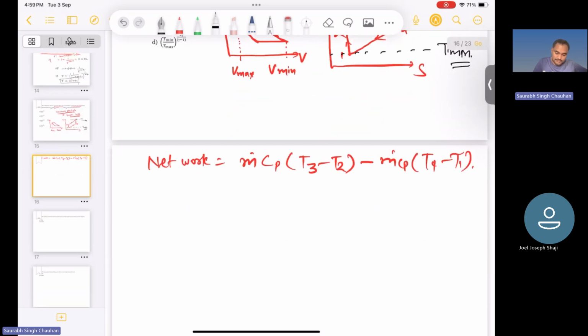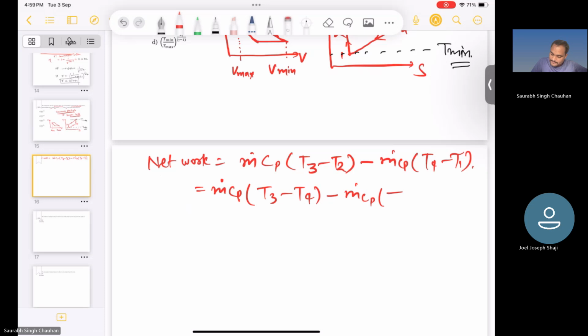So we should rearrange this thing. m Cp, you can write (T3 minus T4), m Cp and (T2 minus T1). Okay.